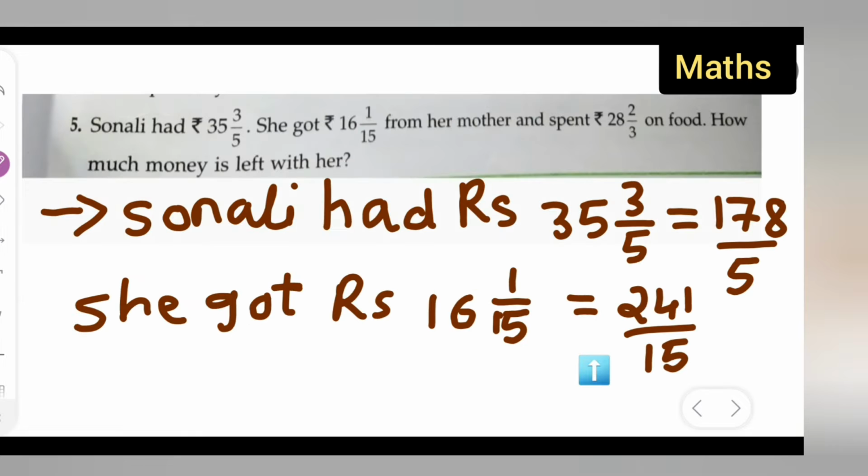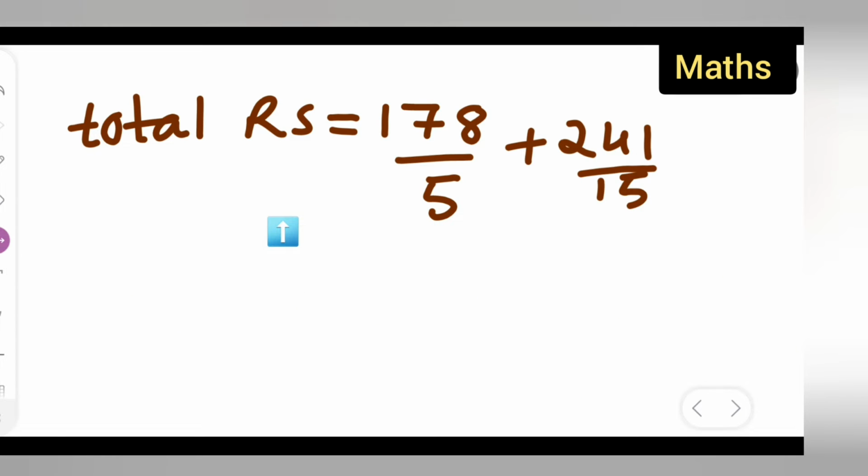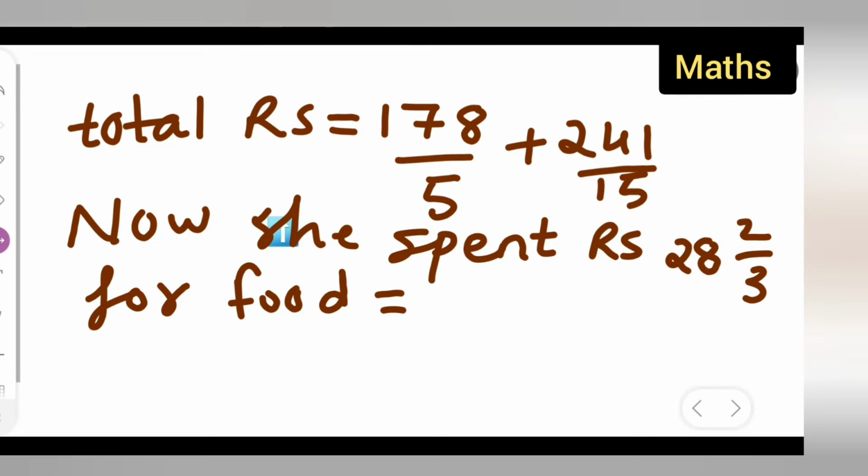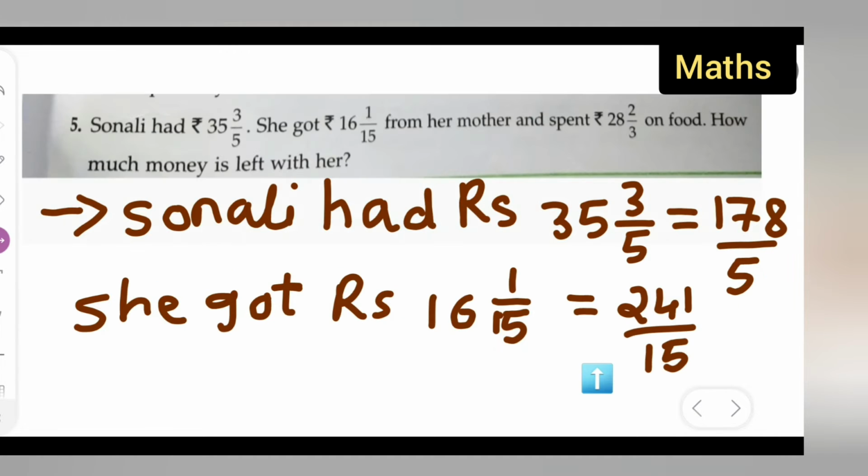So I have added these two: 178 upon 5 is what she already had and the other is what she got from her mother. Next, she spent rupees 28 2 upon 3. This is the money she spent.